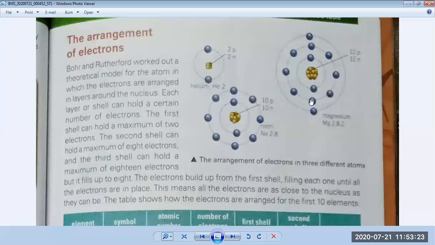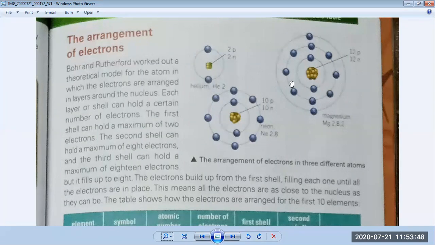Now we will see the figure: 1, 2, 3, 4, 5, 6, 7 and 8. Is it clear? In the first shell of the nucleus only 2 electrons can be accommodated, and in the second shell of an atom 8 electrons can be accommodated.